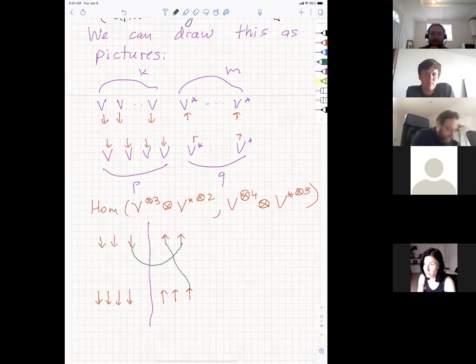And I don't keep track of the intersections. Since I'm doing usual GL_N and not quantum GL_N, I will not distinguish between overcrossings and undercrossings. If I did, this has a quantum analog, and then I should distinguish between overcrossings and undercrossings and use skein relations.